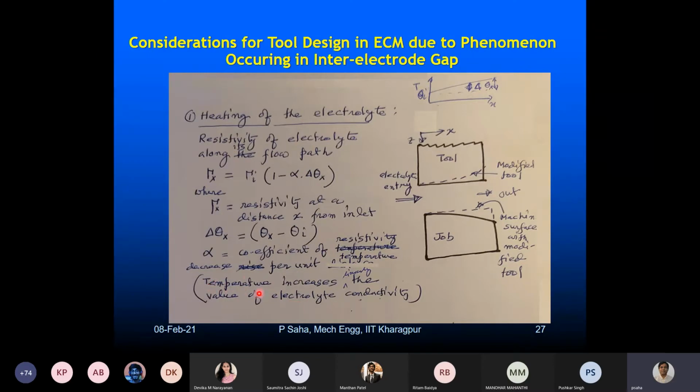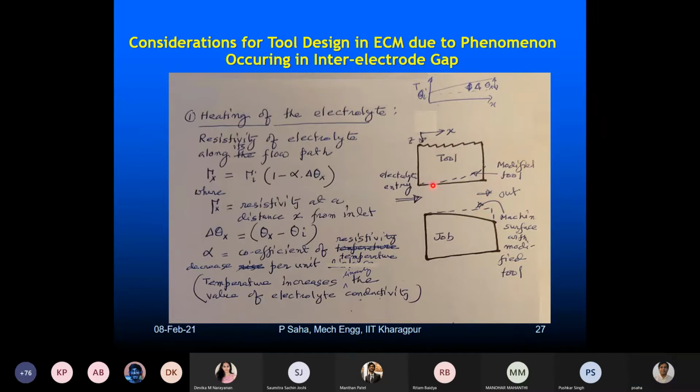So we have seen the temperature increases linearly along the flow, and the electrolyte conductivity increases with it. If this is true, then on the left, because of the high resistance, my machining current will be low, whereas on the right, because of the low resistance, the current will be high.